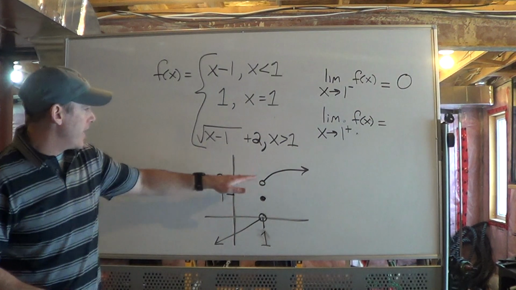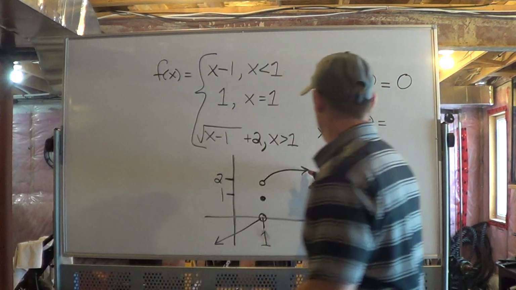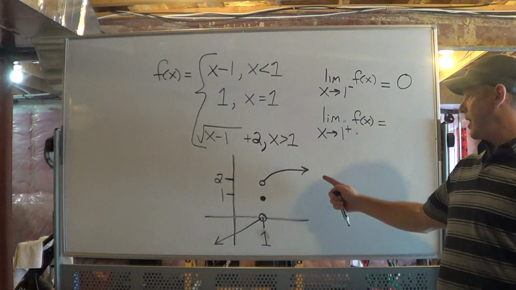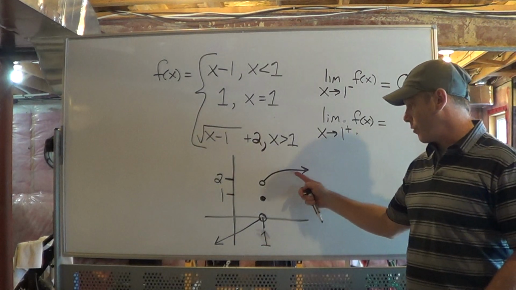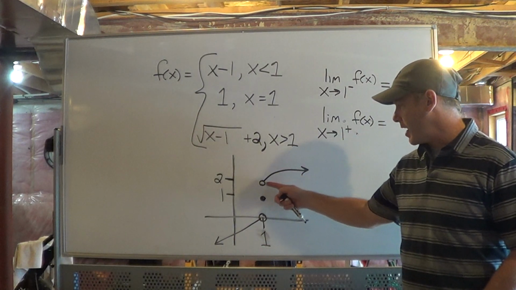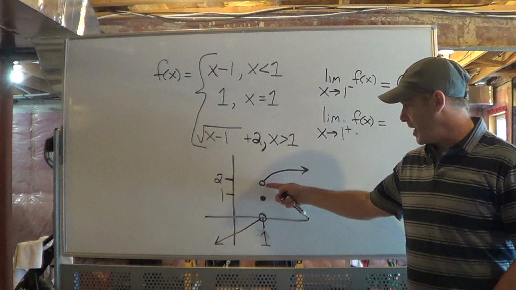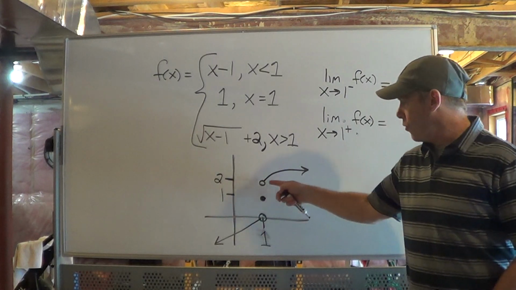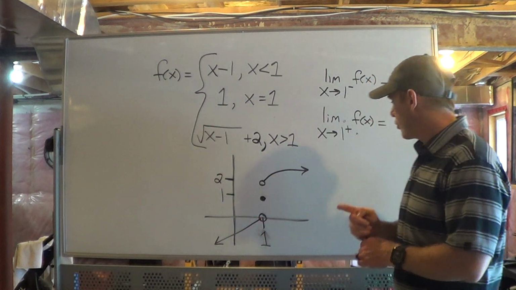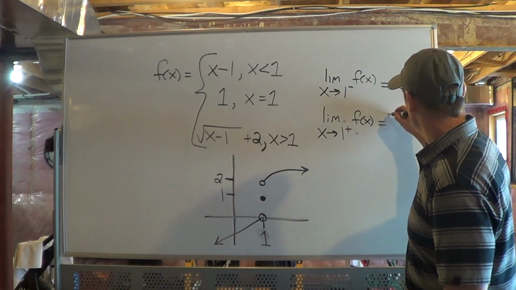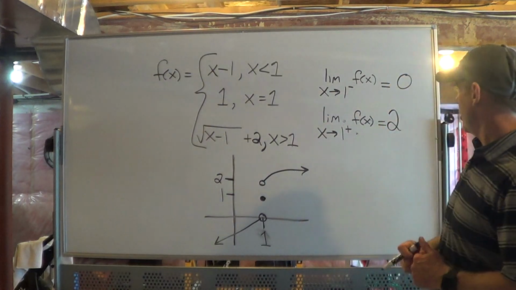Now, we look at our right-hand limit. So we're approaching 1 from the tip of this arrow, moving towards 1 from the right-hand side. We approach up here at a value of 2. We don't get to 2, but we approach 2, and so our limit is 2.